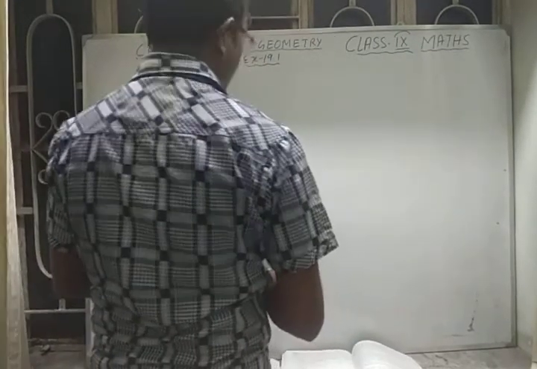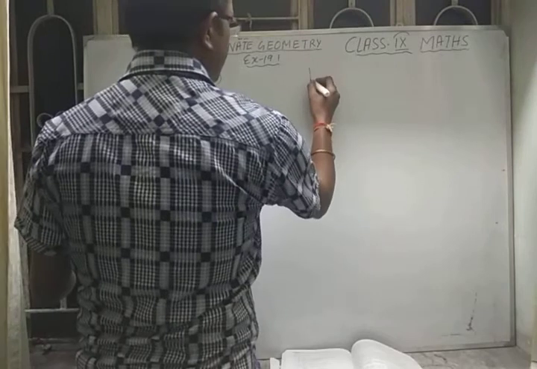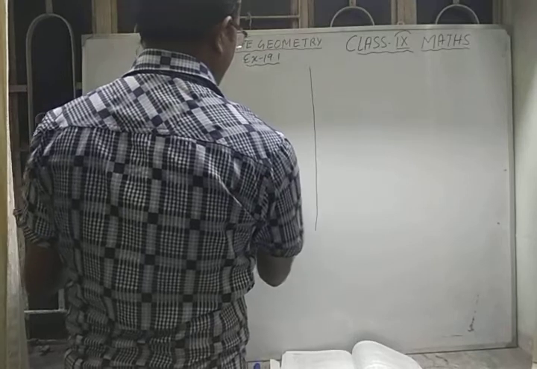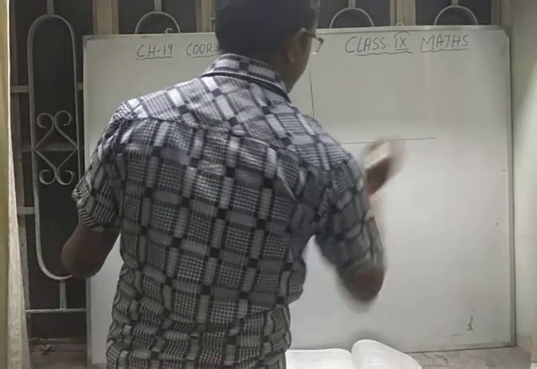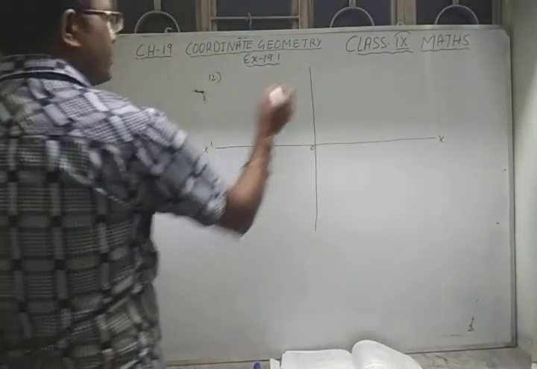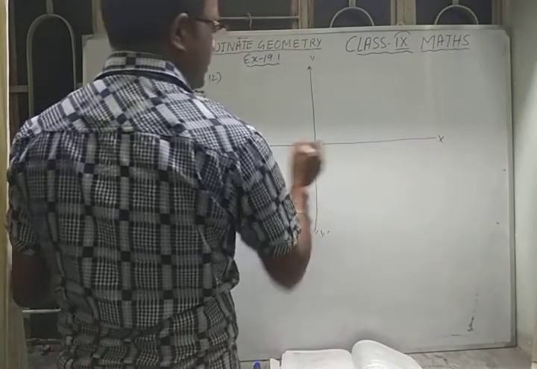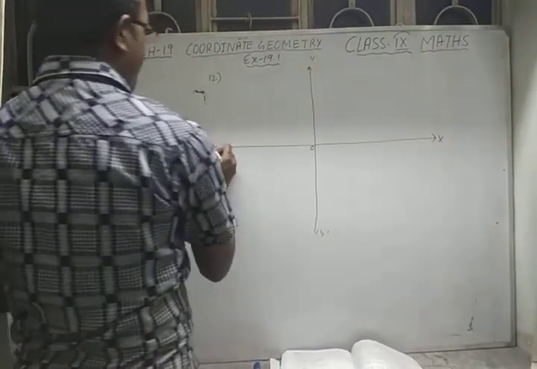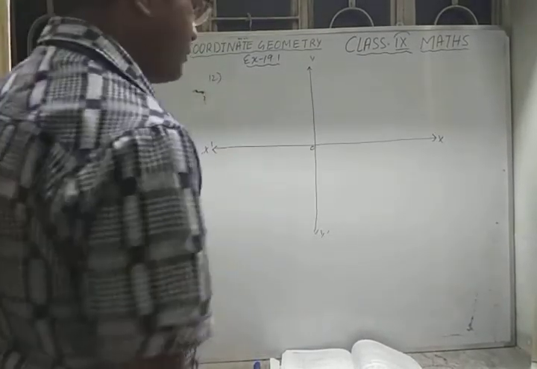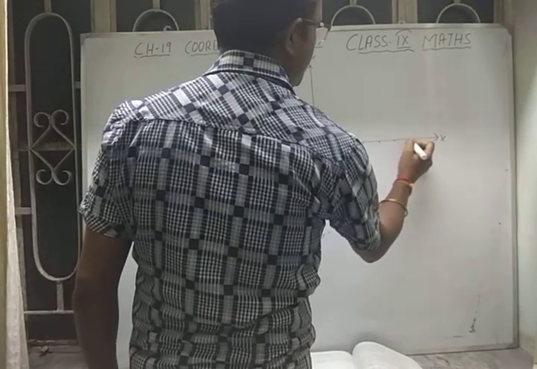First of all, it is question number 12. Draw two perpendicular lines intersecting at the point O. So it is X, X dash, Y, and Y dash, and O is the origin. Now it is important to write the coordinates also. First of all, 1, 2, 3, 4, 5, 6, 7.